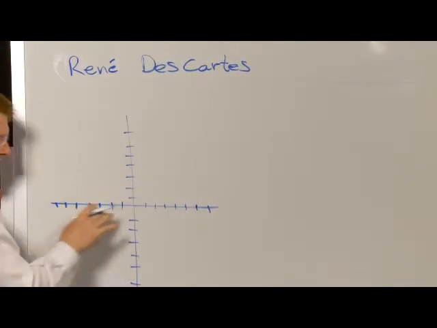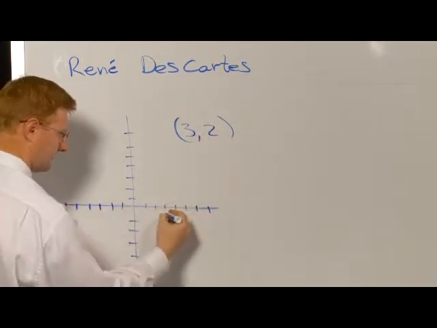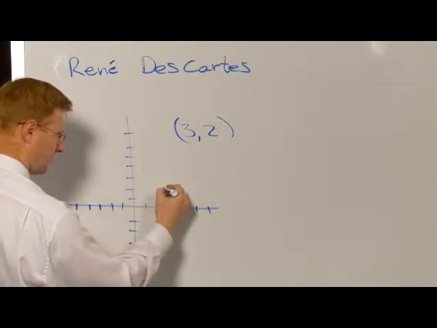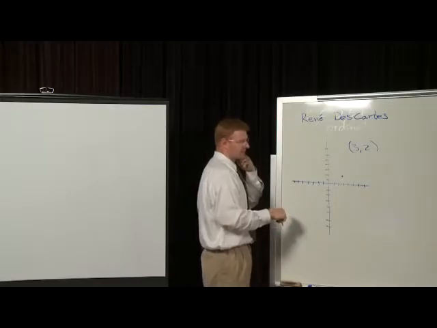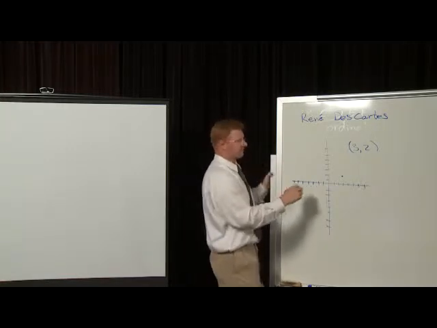And if everybody will just agree that we do this guy first, we put 2 numbers together. 1, 2, 3, 1, 2. That point right there. This is a coordinate system.